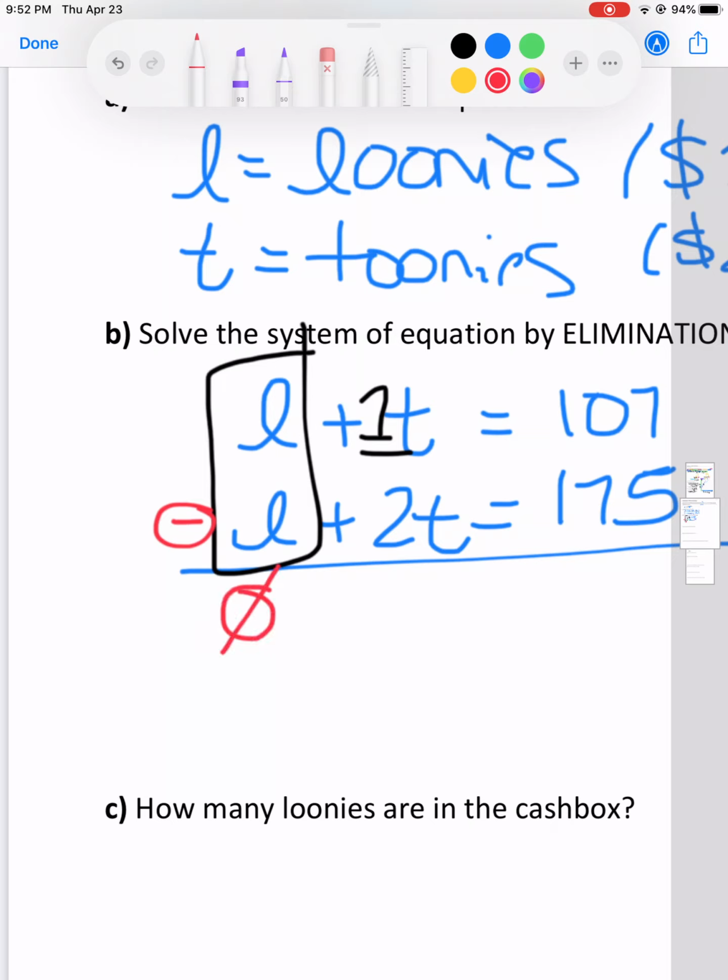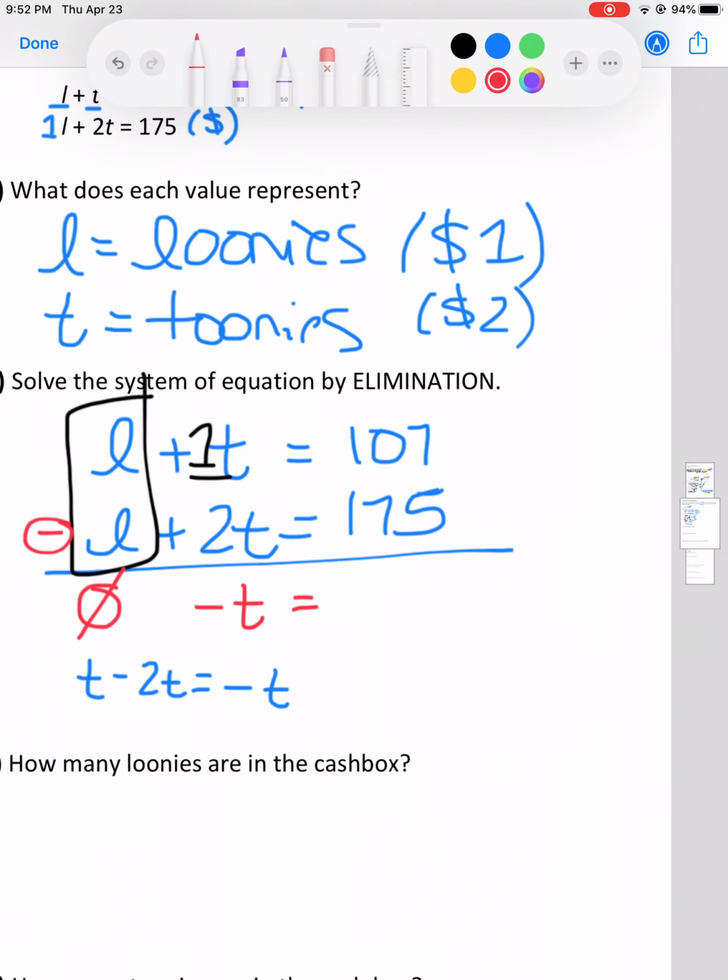0. 1 minus 2. Okay, so we have it as 1t minus 2t, which is equal to negative t. So here is going to be negative t, which is equal to 107 minus 175.